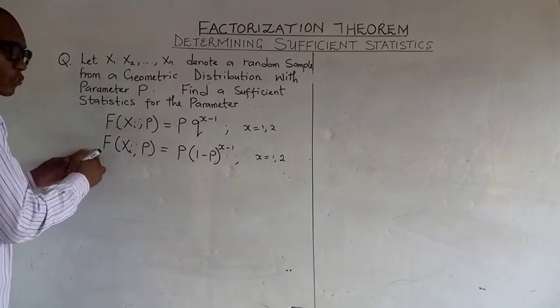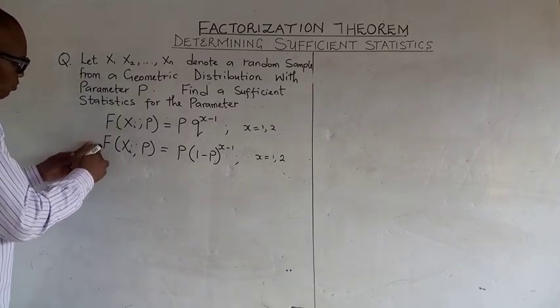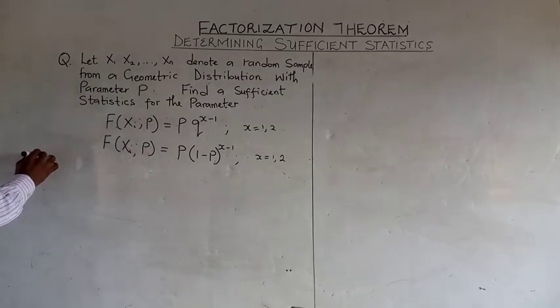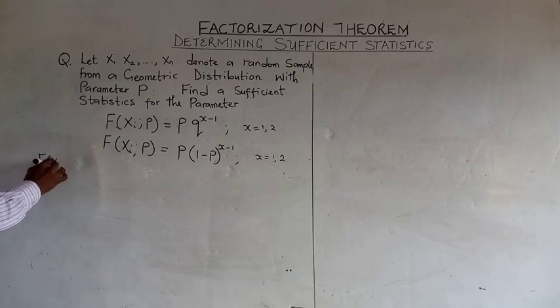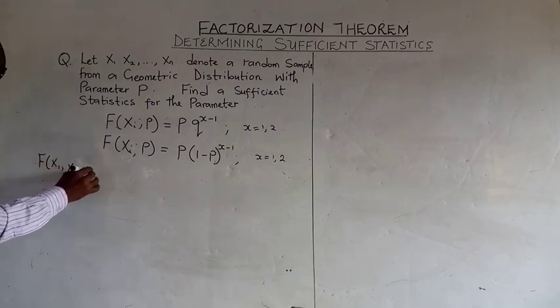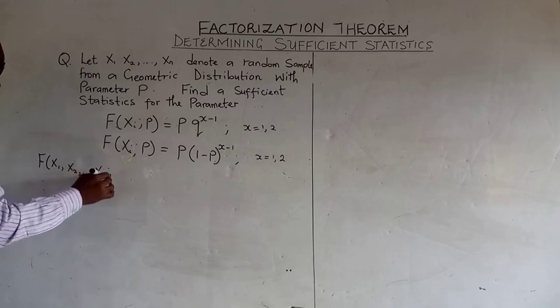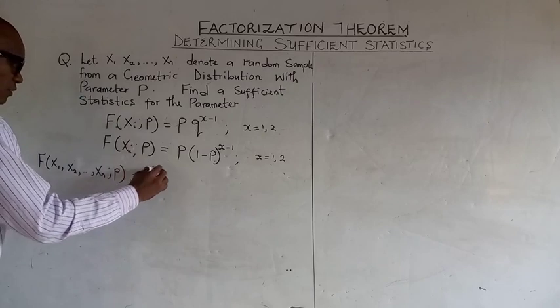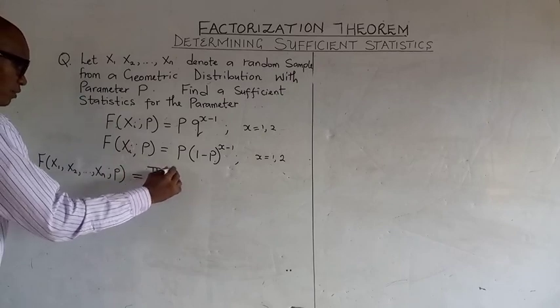It's just taking the product of all of this. That means if we have our function to be x1, x2, ..., xn, and we put our parameter p, to factor this out, we are supposed to write something like this.